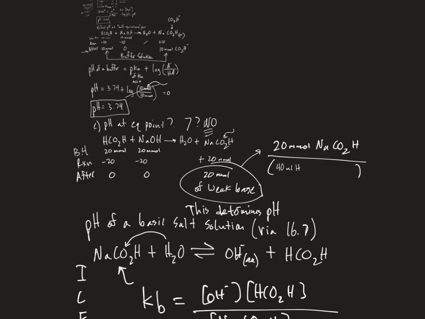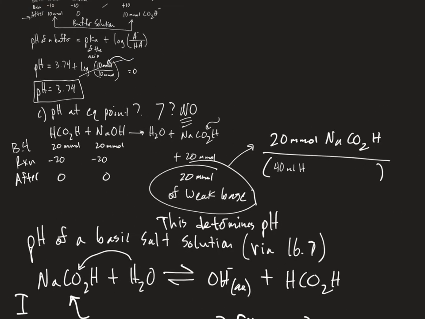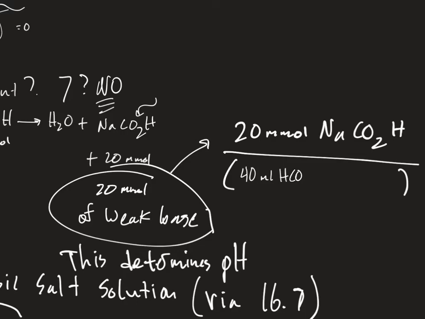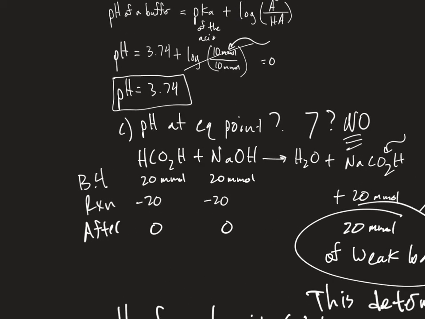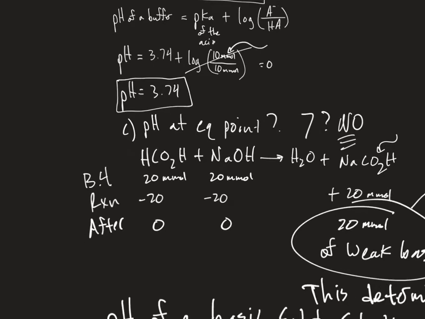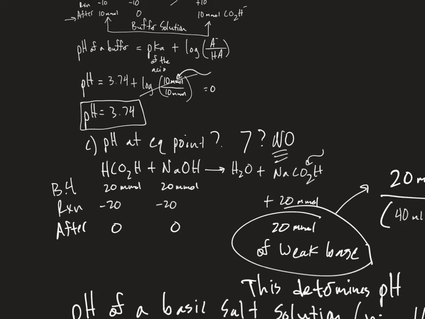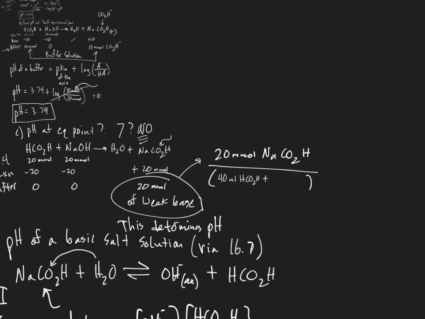I'm going to draw that zoomed in. And how much volume did we add over here? Well, the pH at the equivalence point means we added 20 milliliters of NaOH. So how much volume was that? Well, it has to match up with the volume of HCO2H because they're both at the same molarity. But we can also think of it like this. 20 millimoles times what was the molarity of our NaOH solution?